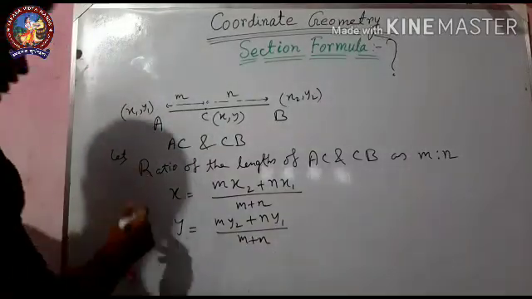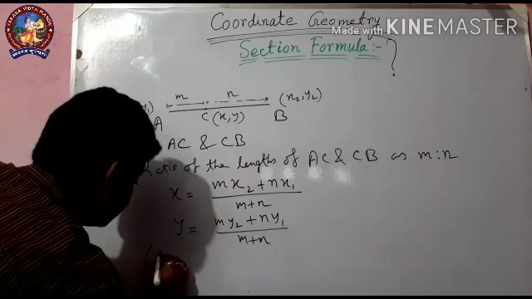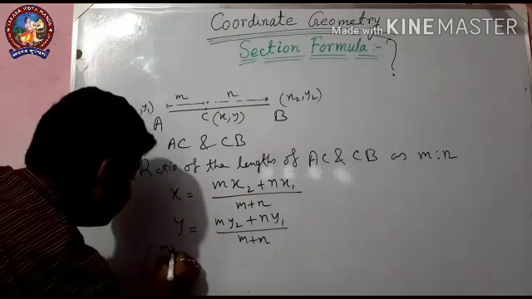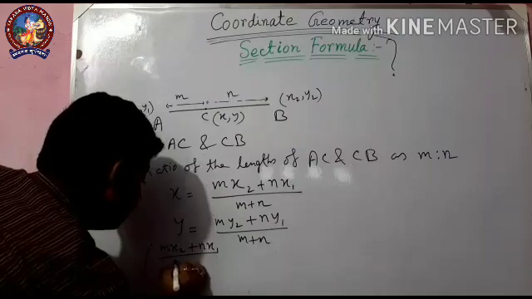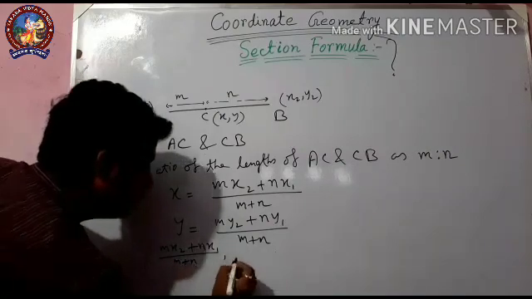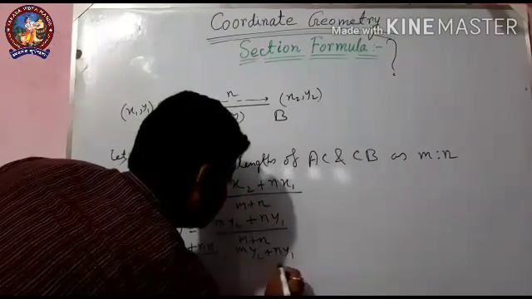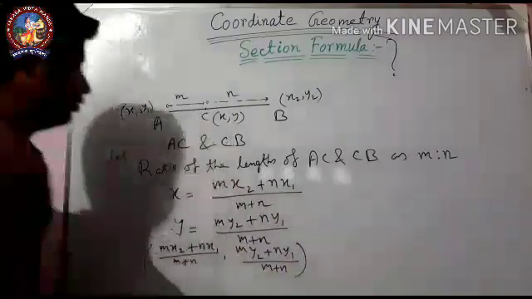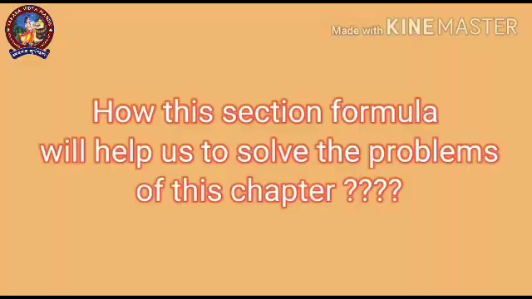So in this way the coordinate of the point C is mx2 plus nx1 by m plus n, comma my2 plus ny1 by m plus n. That is actually x comma y.